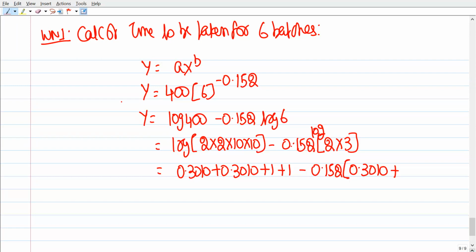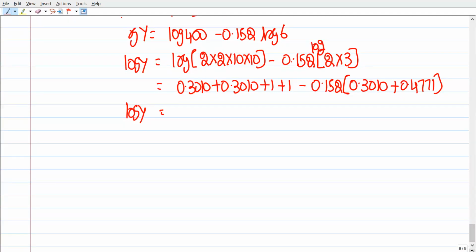What is the log 3 value? 0.4 double. Simplify this and tell me. 2.4838. Let me know in case there's a doubt here.